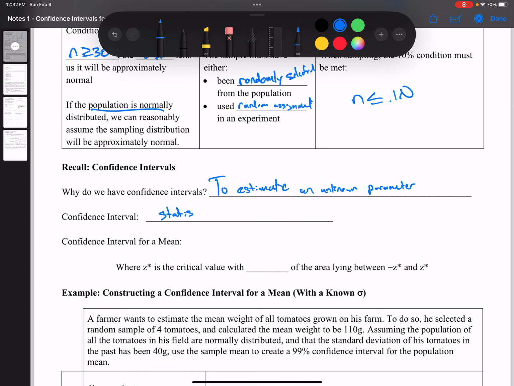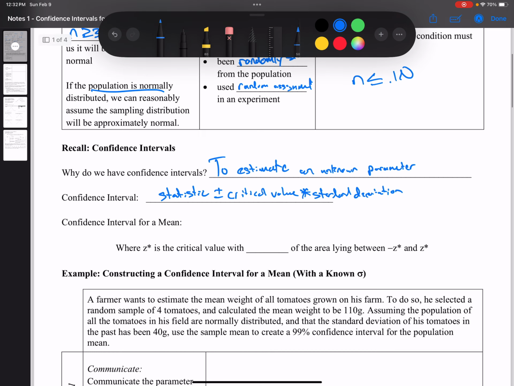We had our statistic, which in the last unit was our p hat, but in this unit it's going to be our x bar, okay, plus minus our critical value, which was of course the z star, which we found using inverse norm, and then this times the standard deviation or the standard error of whatever statistic we're working with, okay.